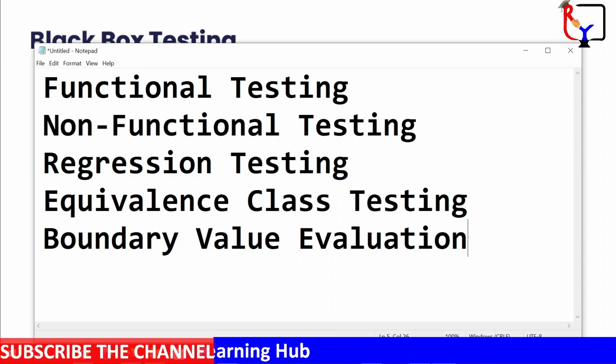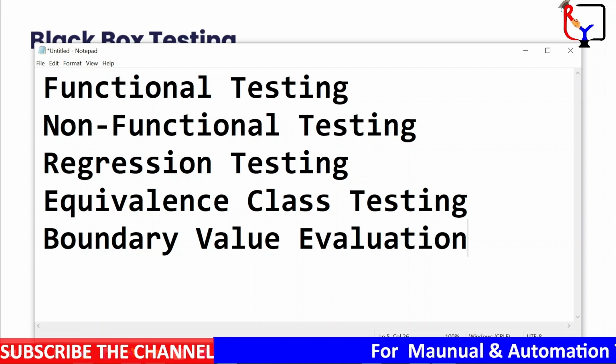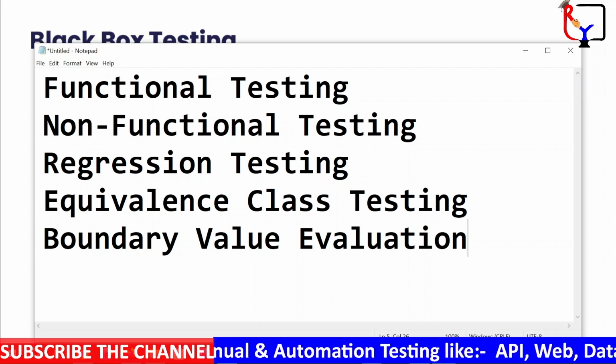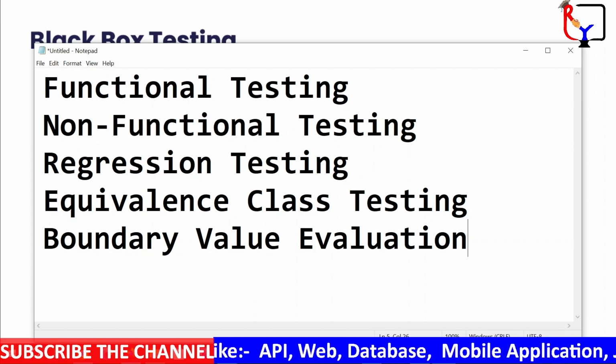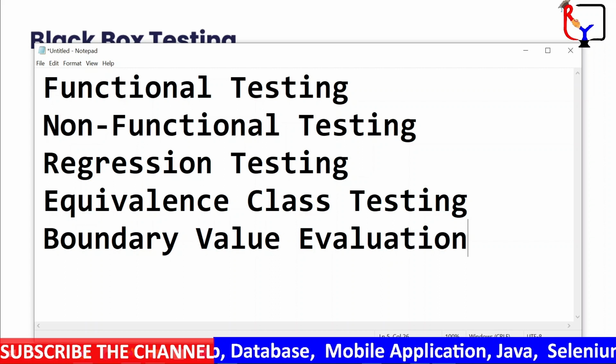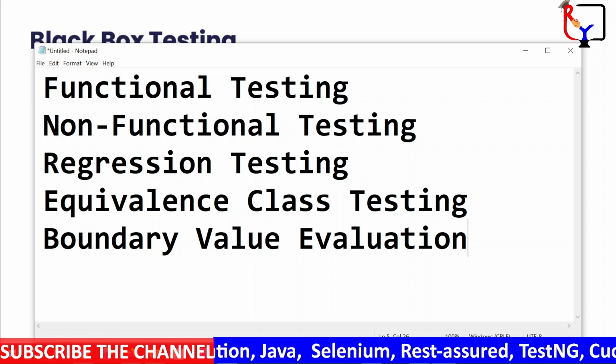For example, 17 and 18 are boundary values for adulthood, since a 17-year-old may be rejected by an application, while an 18-year-old would be accepted. Boundary value evaluation tests these inputs to ensure that the system is properly handling these edge cases.